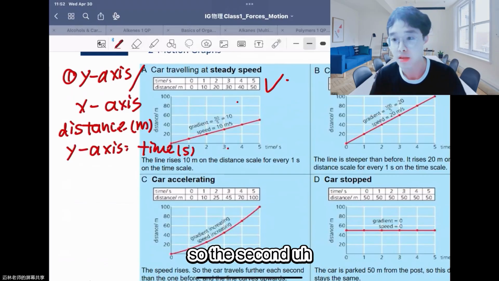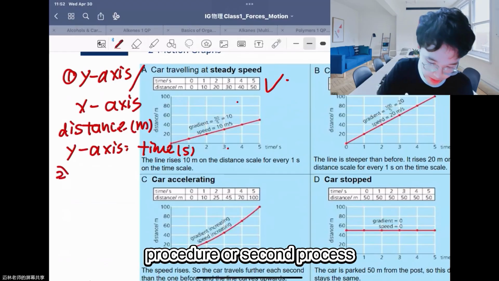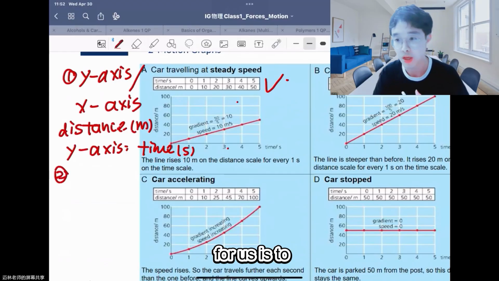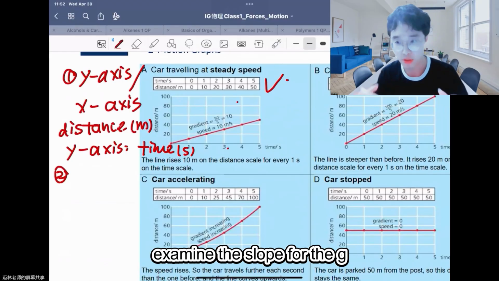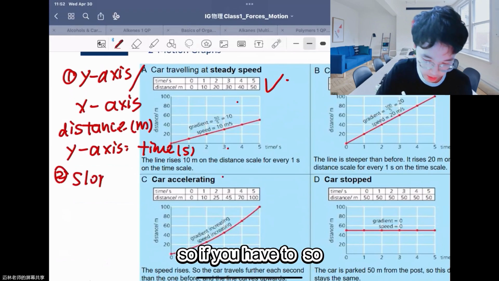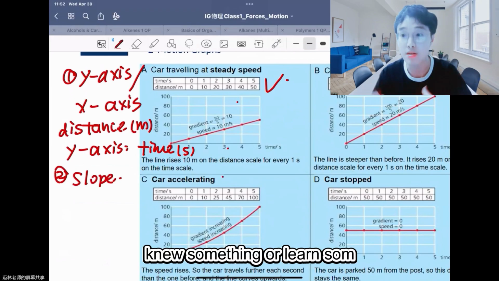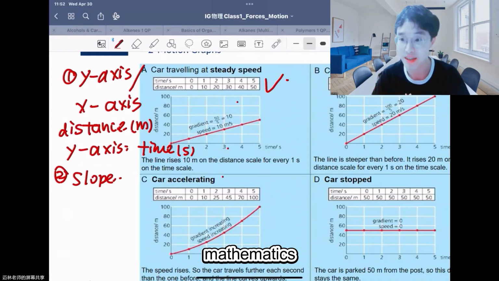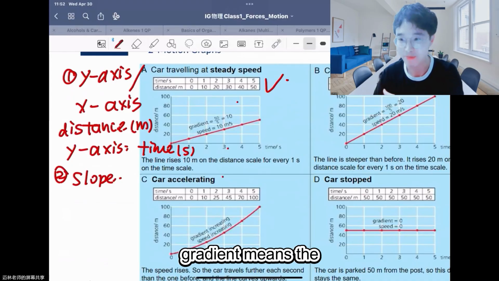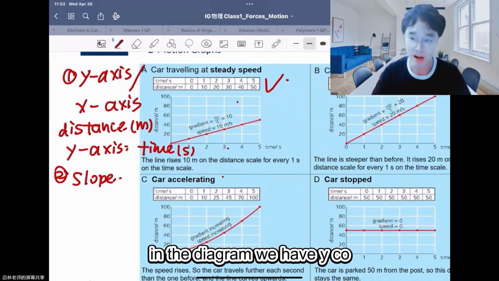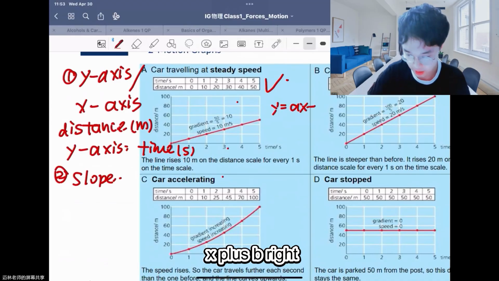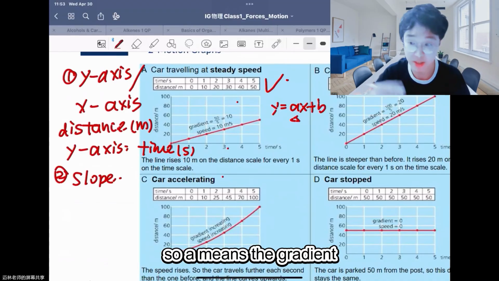So the second process is to examine the slope of the graph. If you have learned something about IGCSE mathematics, you must know that in the equation y equals ax plus b, a means the gradient.